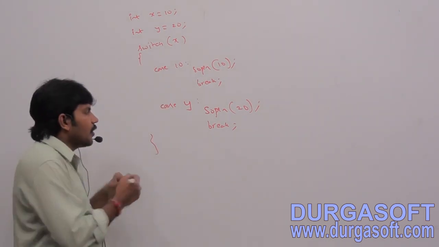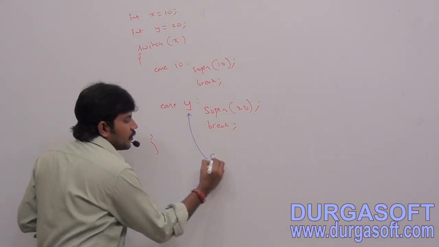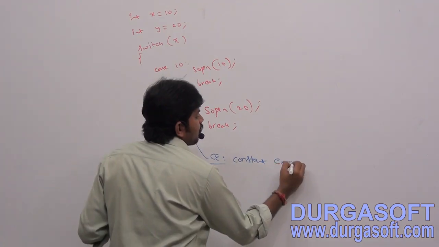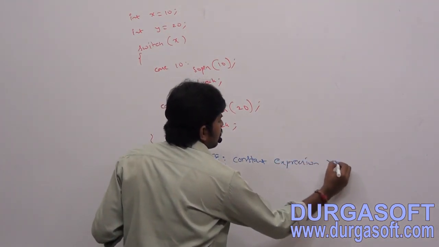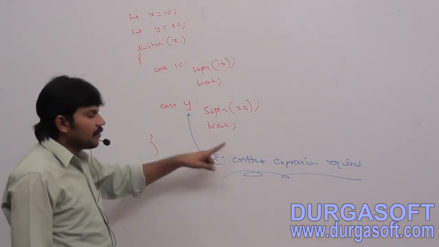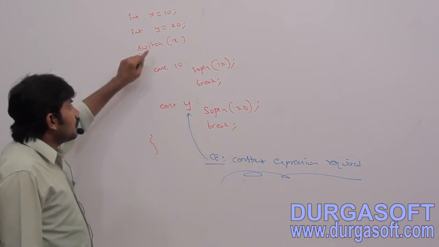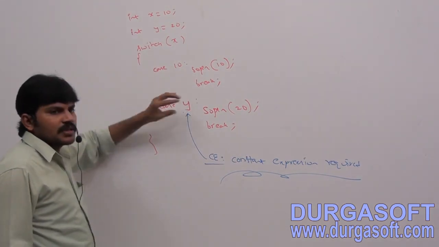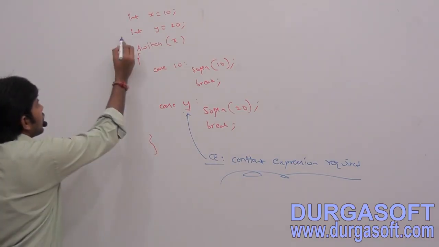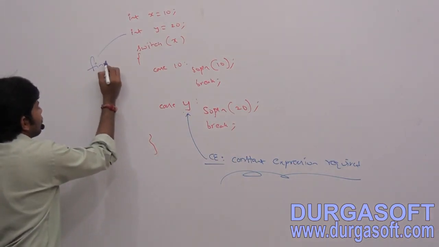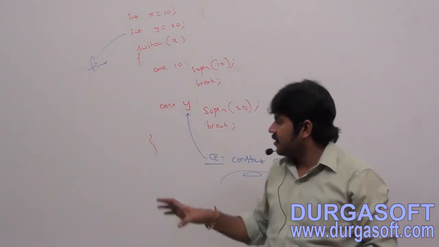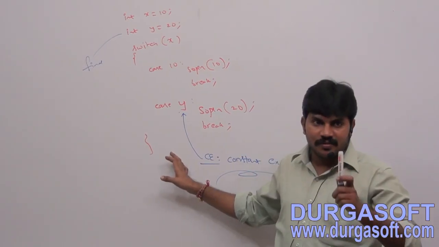If I am taking a variable, we are going to get a compile time error, "constant expression required." So here, case y: every case label should be a compile time constant. Suppose I am taking y as final. If it is final, it is a constant. Then is it valid or not? Valid. Remember this one.